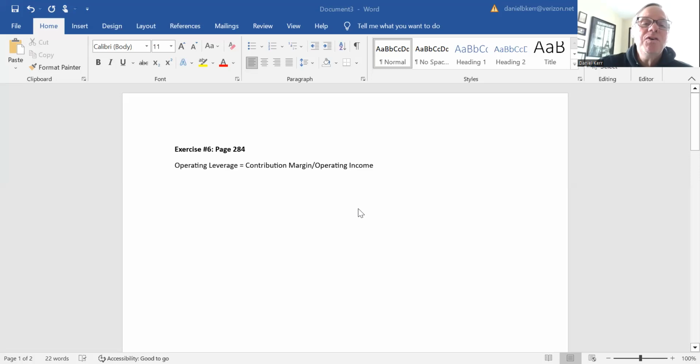Okay, so for exercise 6 on page 284, operating leverage was defined as contribution margin divided by the actual operating income. You can tell looking at the income statement that contribution margin is $160,000. I'll leave out the dollar signs here. The operating income is $80,000.